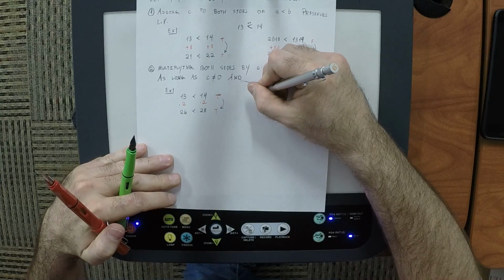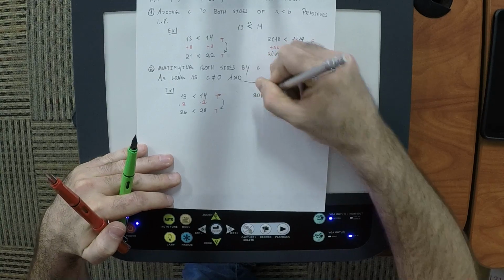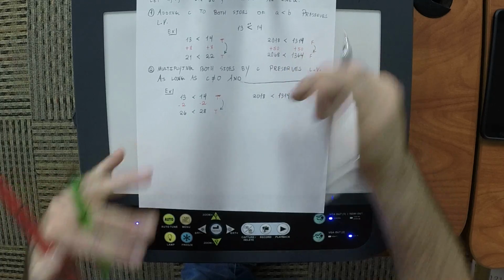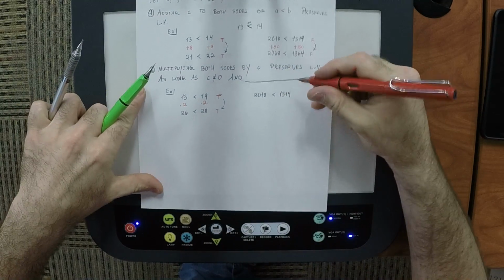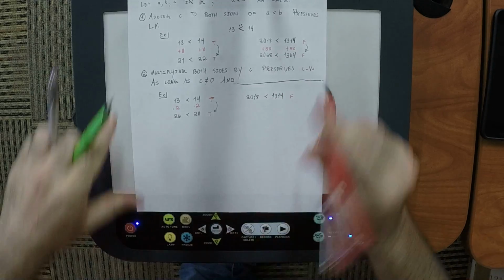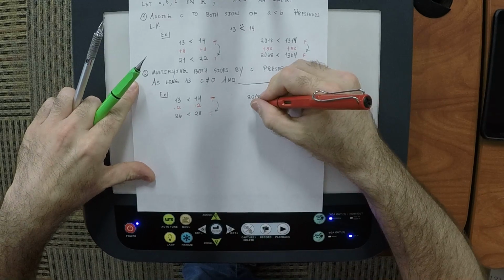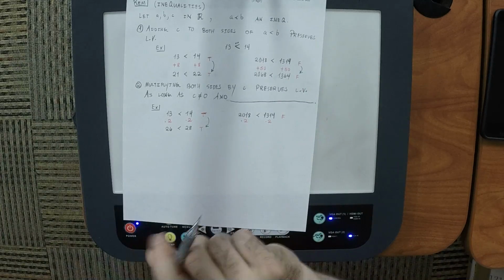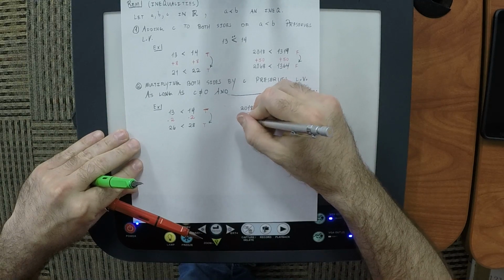Similarly, 2018 less than 1314, that is an inequality whose logical value is false. Suppose we multiply both sides by 2. The new left-hand side is 4036.